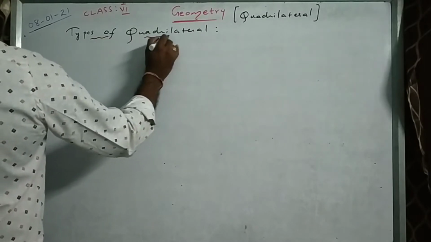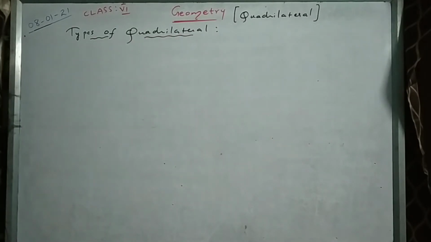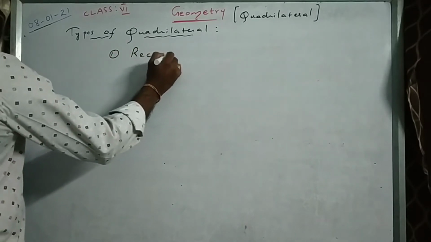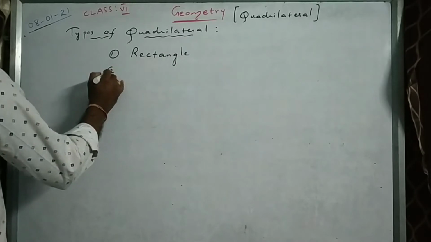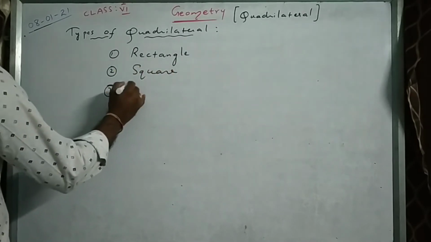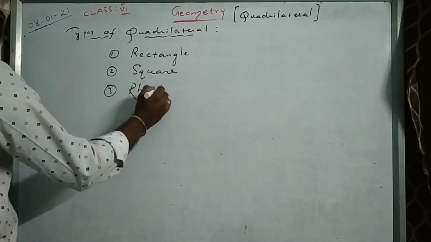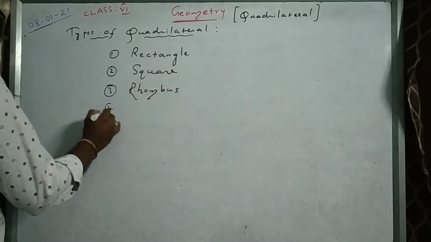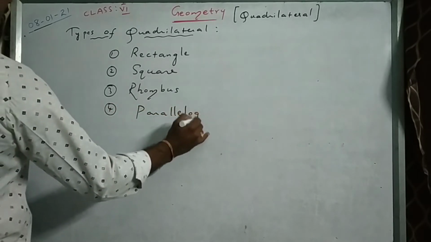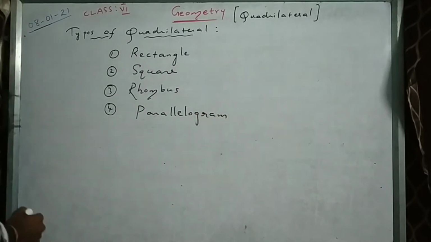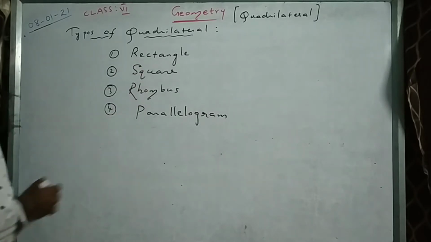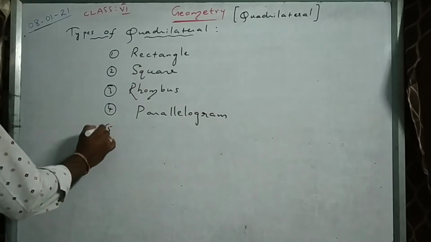Closed figure formed by four line segments, right? We have some types here. First one, rectangle, square, rhombus, parallelogram. Learn the names perfectly.